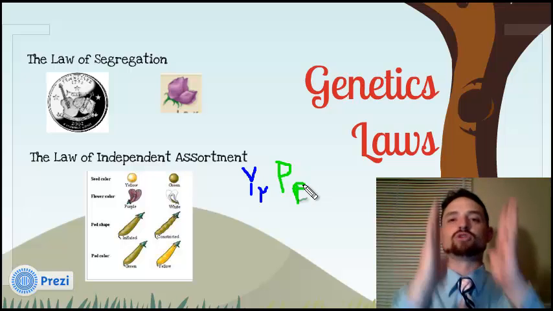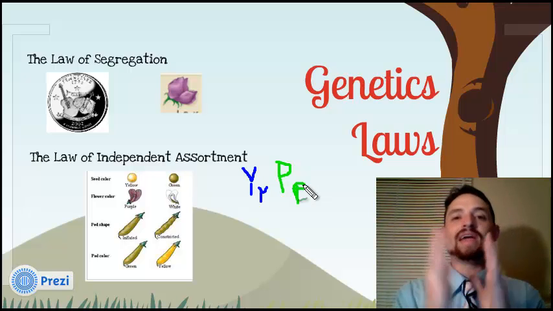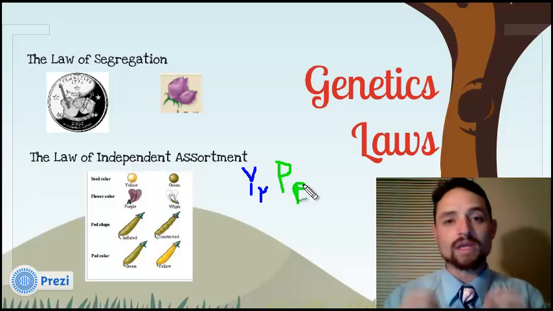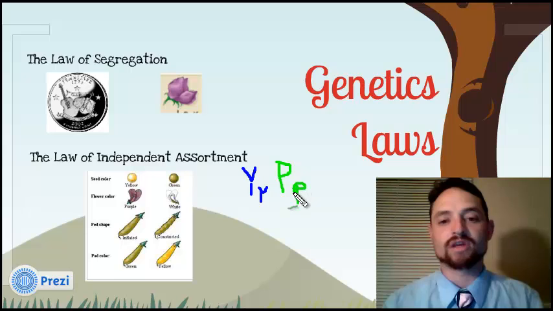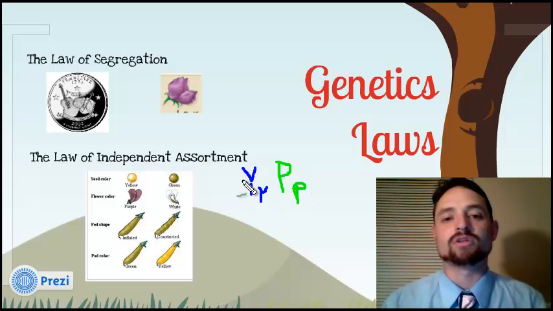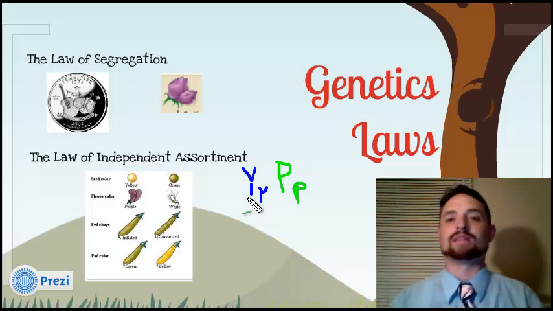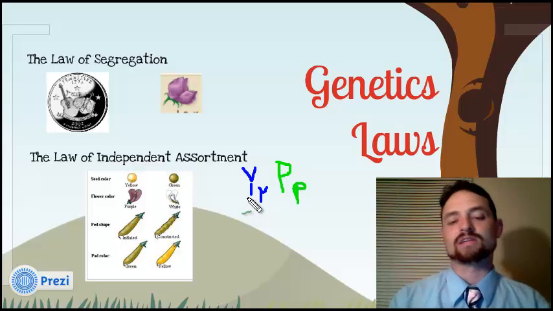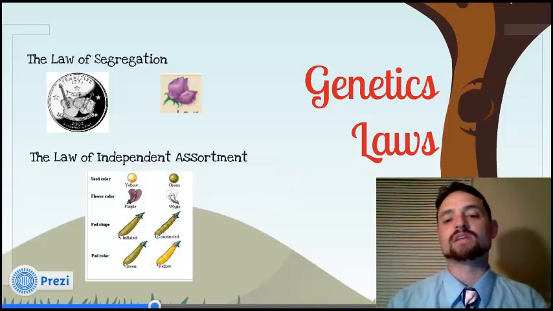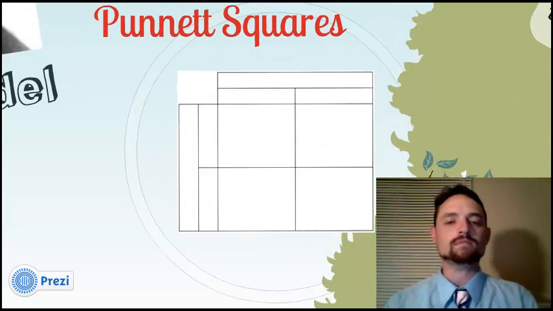When those chromosomes line up in the cell, they are not attached to anybody else. They're only concerned with their homologous pair, which will have these traits right here on it. They don't care about the chromosome that has the seed color. So those will assort independently of each other. And that's called the law of independent assortment. We're going to do some practice with this in class to help clear up some of that.